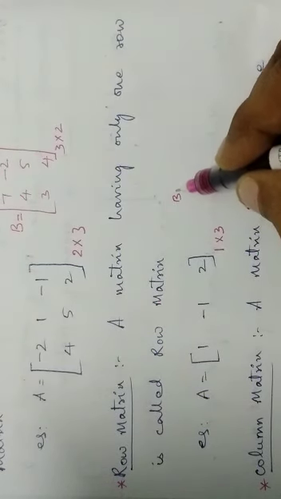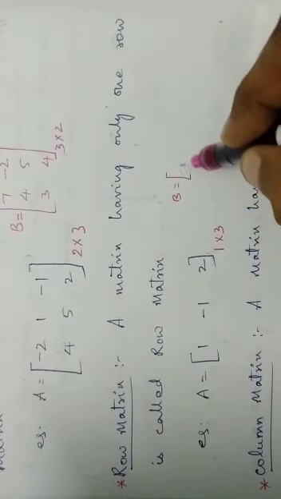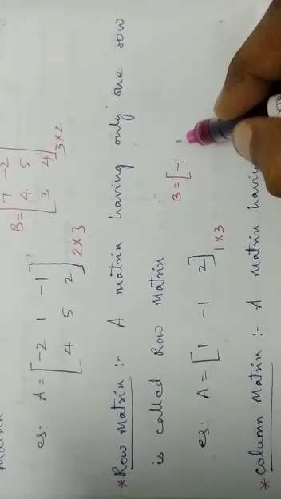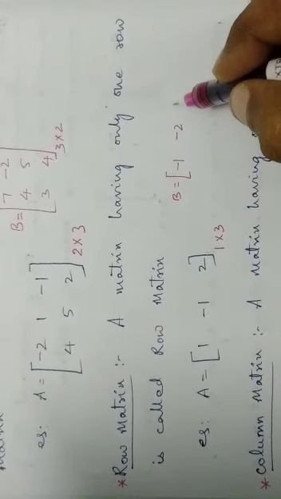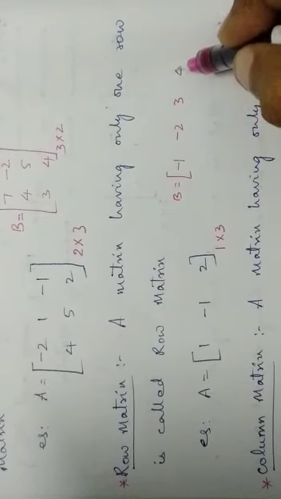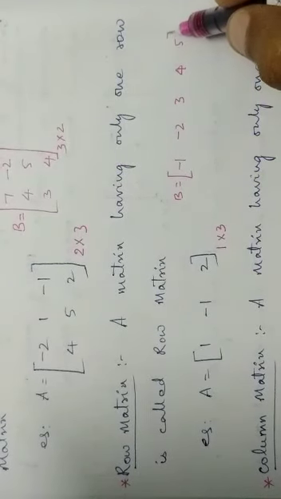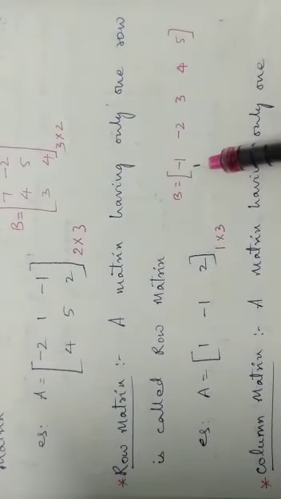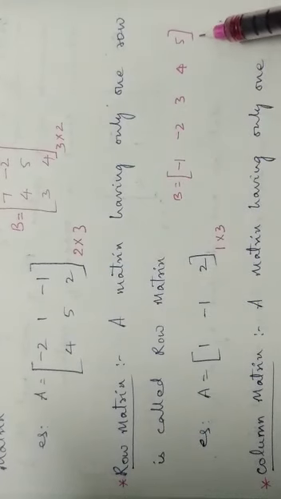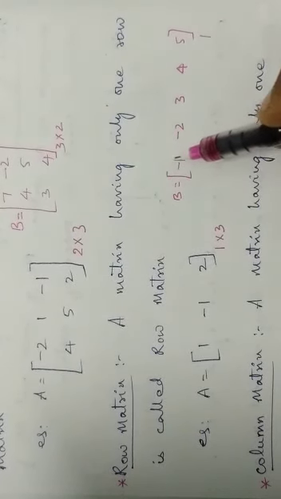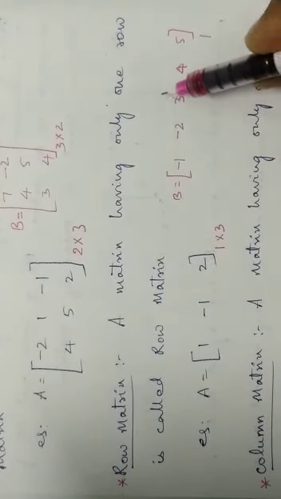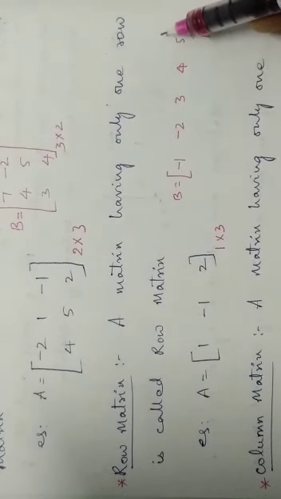One more example. B equal to -1, -2, 3, 4, 5. 1 row. Columns: first column, second column, third column, fourth column, fifth column.